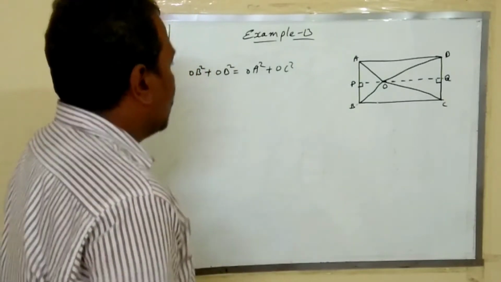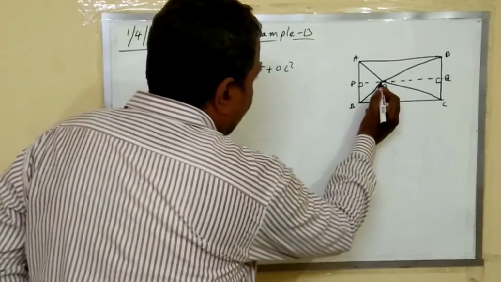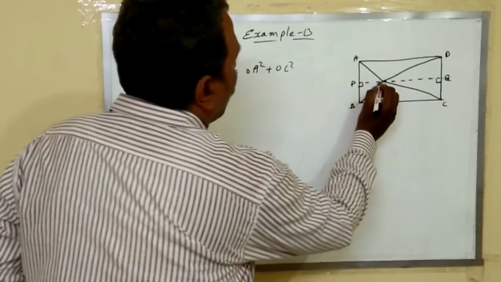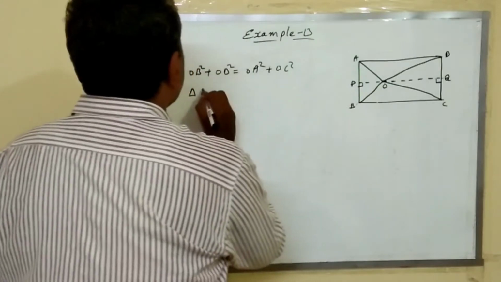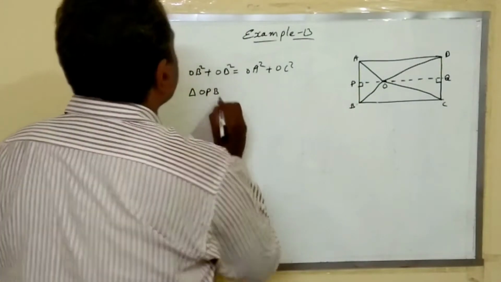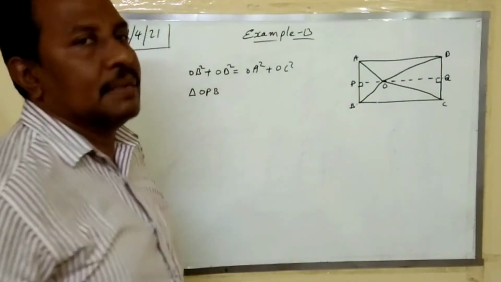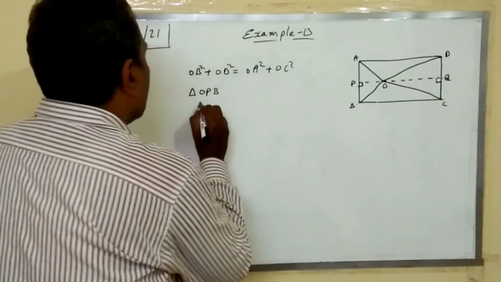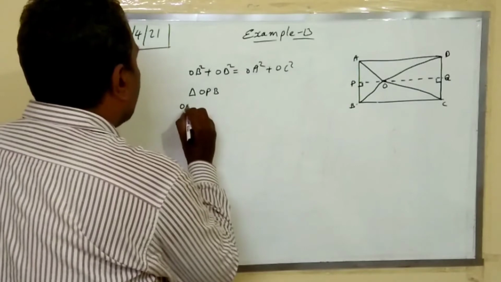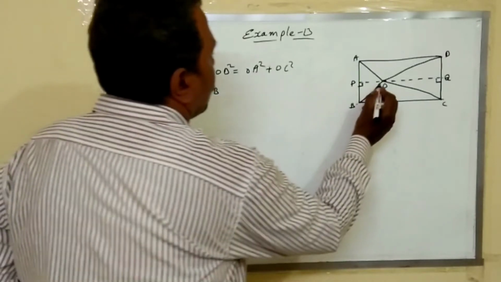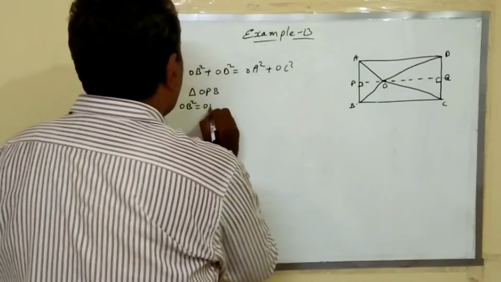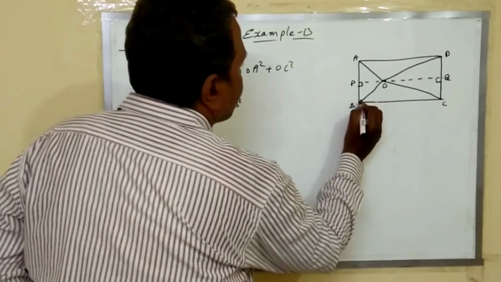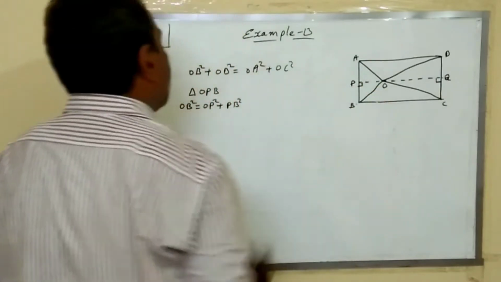Now I am taking the right angle triangle OPB and applying the Pythagoras theorem. This is the right angle, so this will be the hypotenuse. OB square is equal to OP square plus PB square.